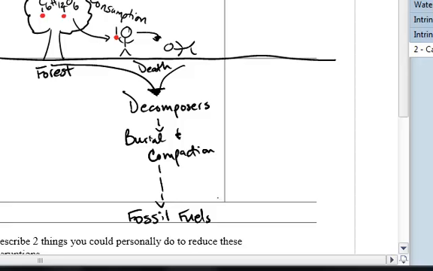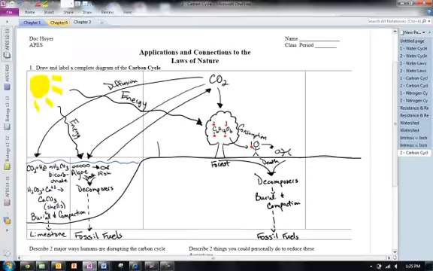Now we're going to add one more component to our land when it comes to what is taking in CO2, and that's going to be kind of like a grassland right here. The reason being is because the grassland will also do photosynthesis and take out CO2.